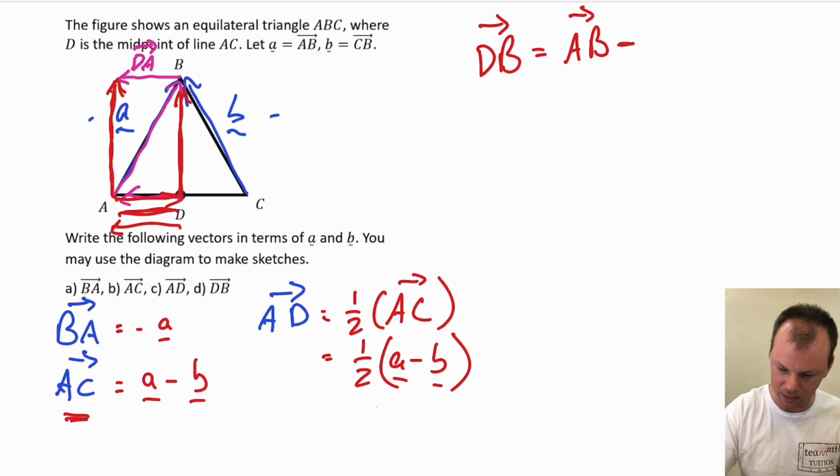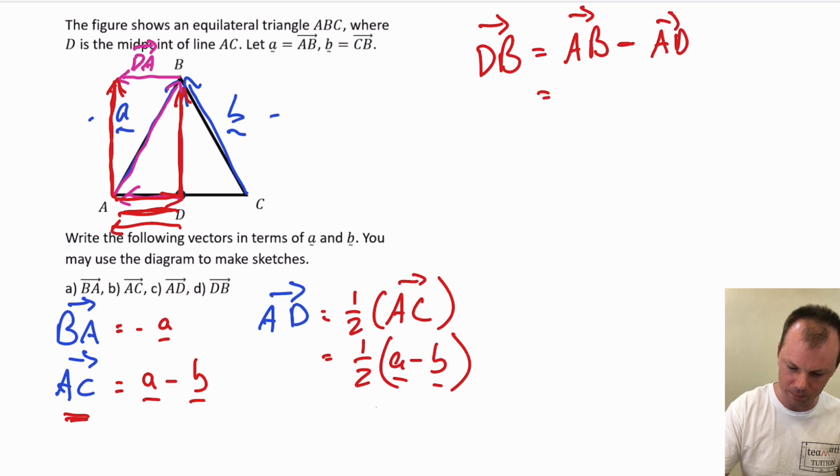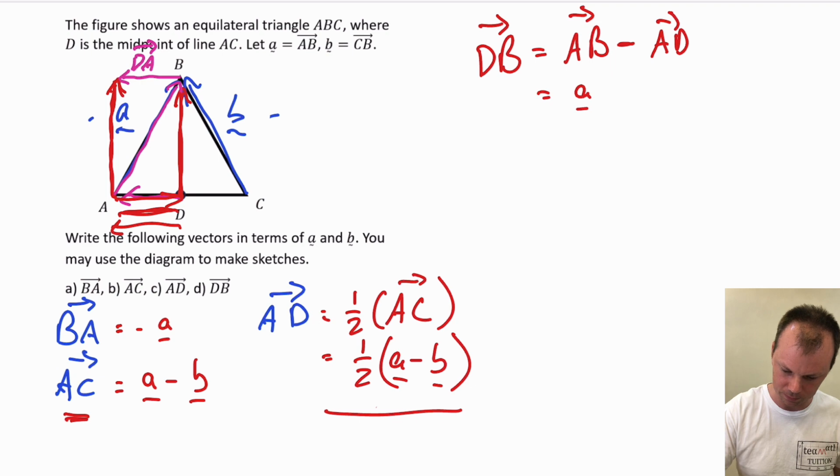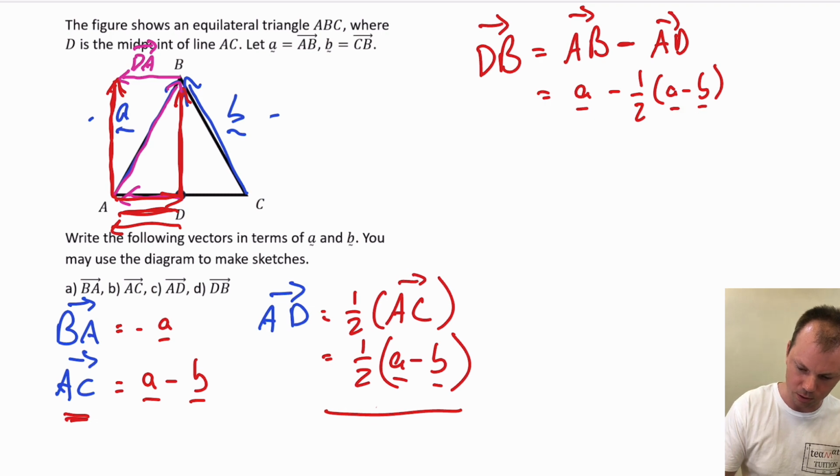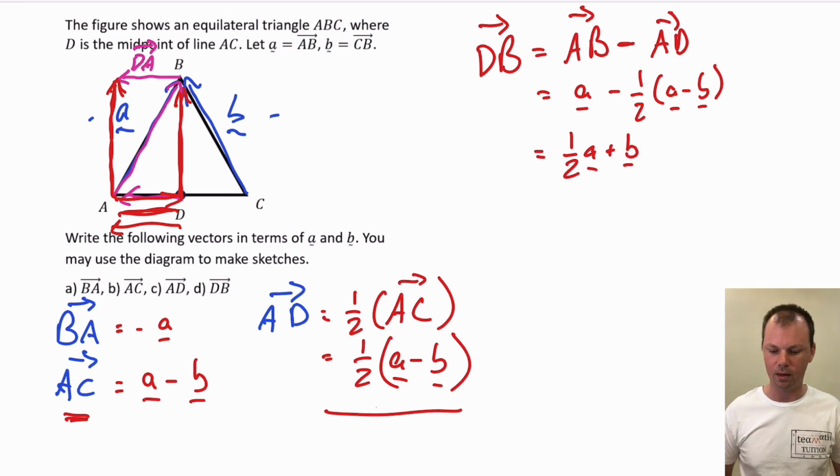So minus AD. We know AB is A, vector A. We know this is AD. Then we can do the algebra. And we get our end result, half A plus B.